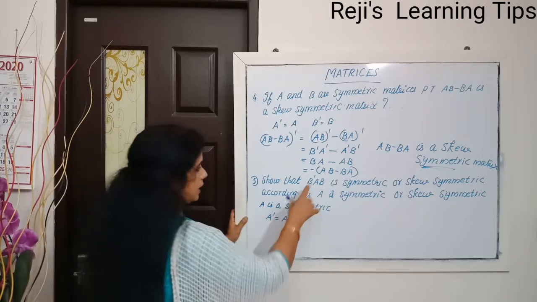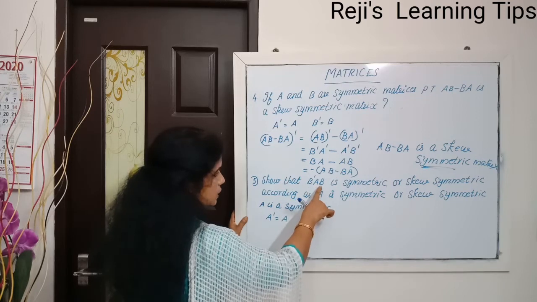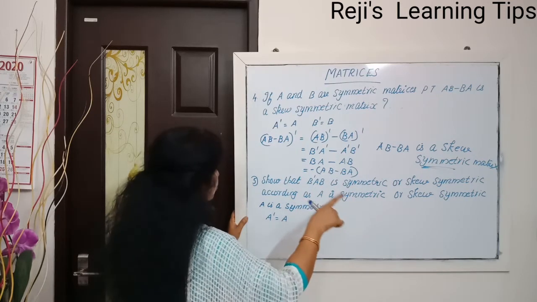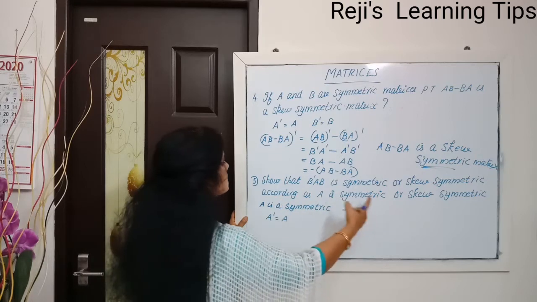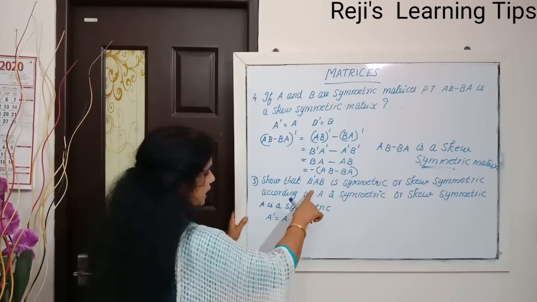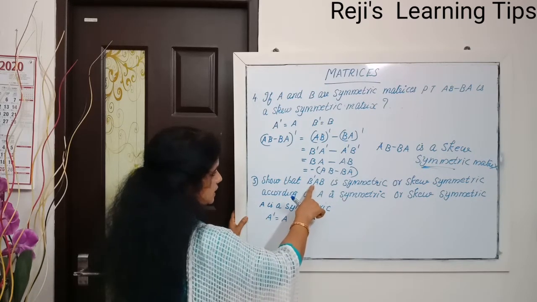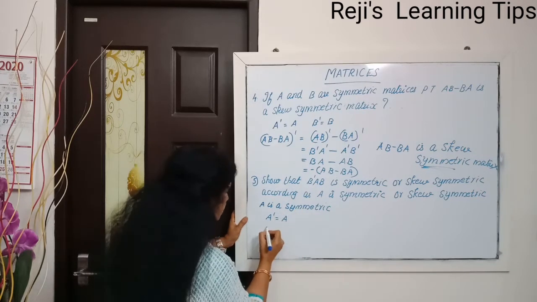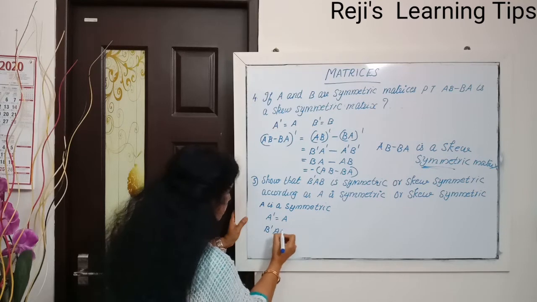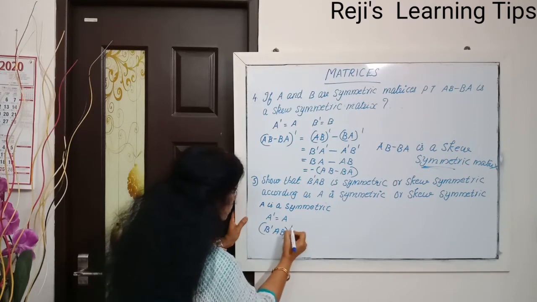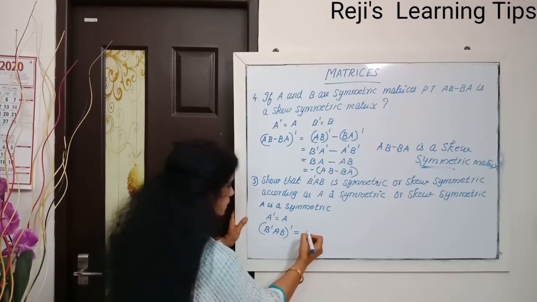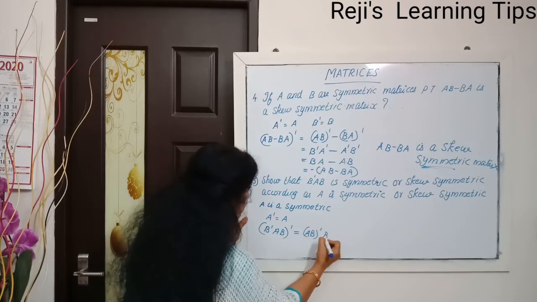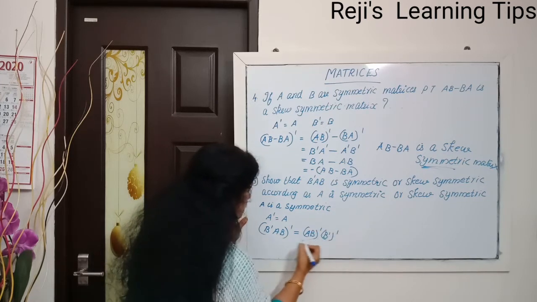Then we check whether B transpose AB is symmetric. (B transpose AB) the whole transpose is equal to (AB) the whole transpose into (B transpose) the whole transpose.